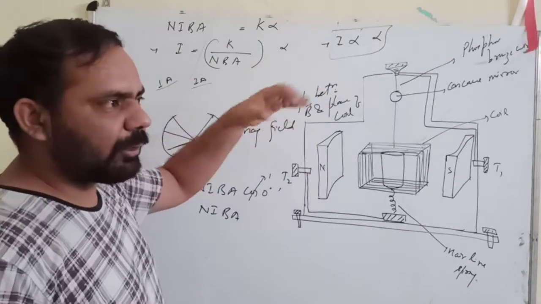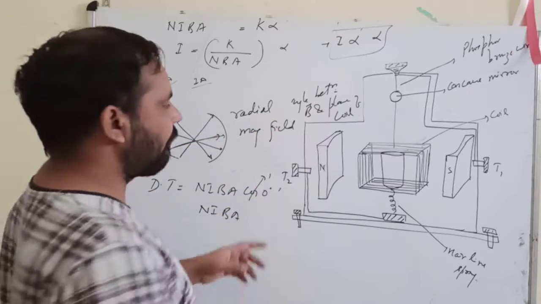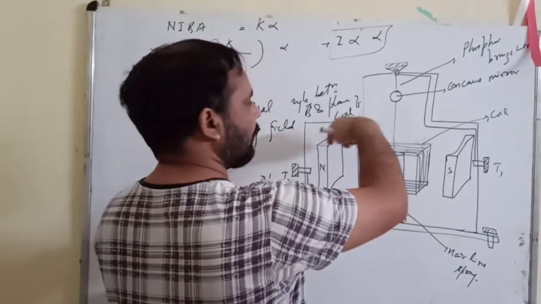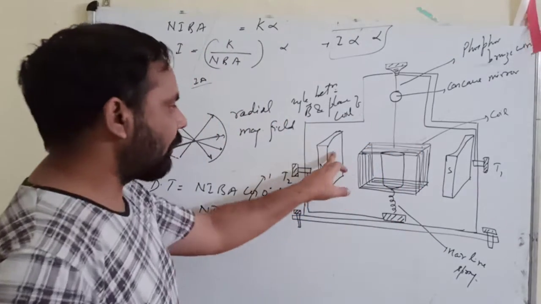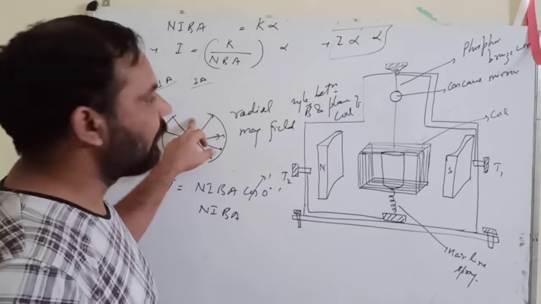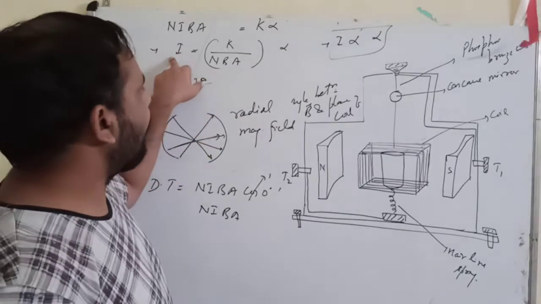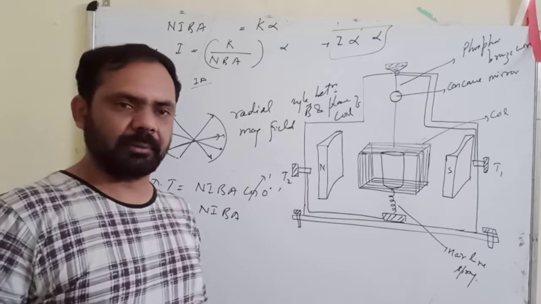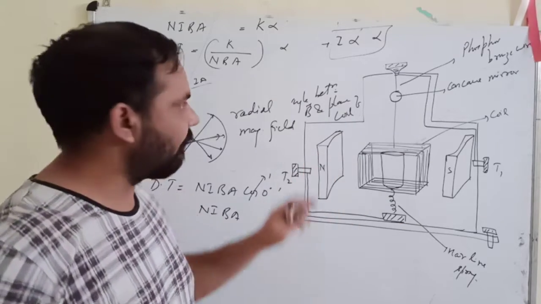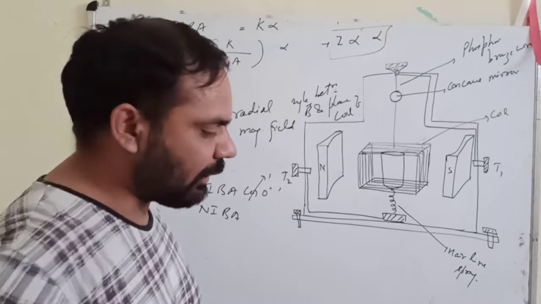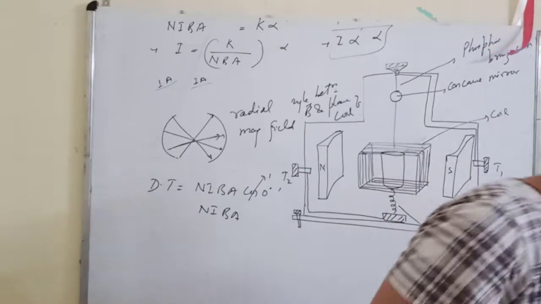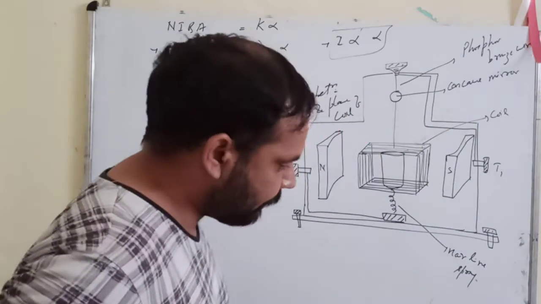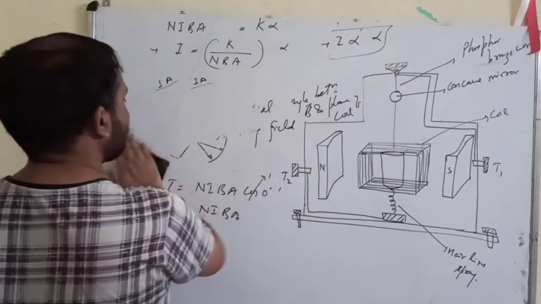So in order to use a linear scale, instead of using a plane surfaced magnet, we are using the concave faced magnets in order to produce the radial magnetic field, so that the current becomes directly proportional to the twist, the amount of turning. Okay, and with the help of this turn we can measure how much current is flowing through the circuit. Okay, now so we have this formula.